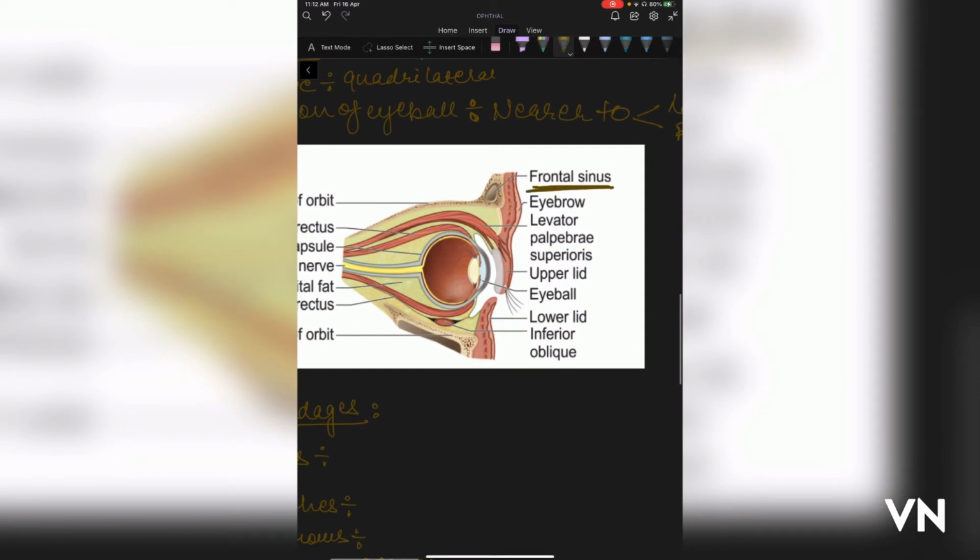The frontal sinus will be present right above the bony cavity of the eye. The eyebrow is pulled up by a muscle called the levator palpebrae superioris, right?